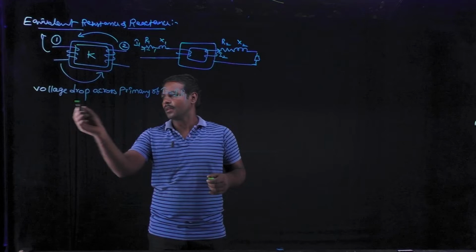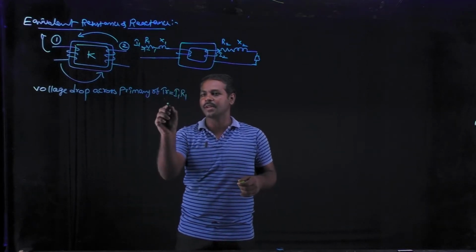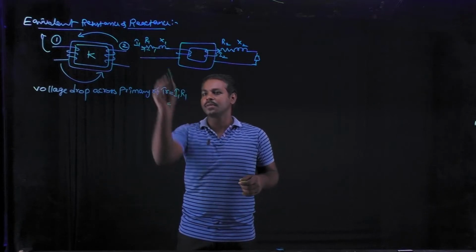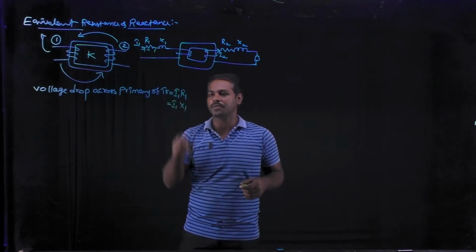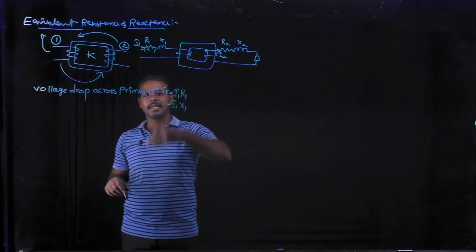Second, voltage drop across the primary of a transformer for reactance is equal to I1 into X1. Another one is the voltage drop across the secondary of a transformer.